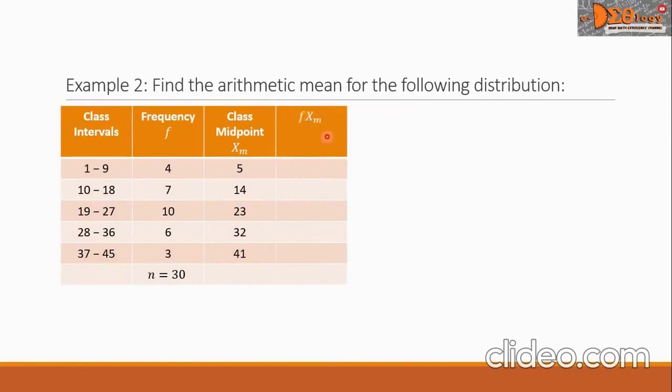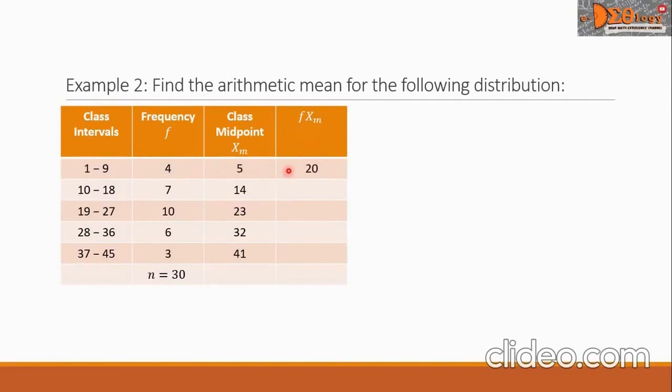Next, another column for the f times x sub m. Again, we will multiply the frequency and the class midpoint of each class interval. So for the first blank, this is 4 times 5. We will have 20.